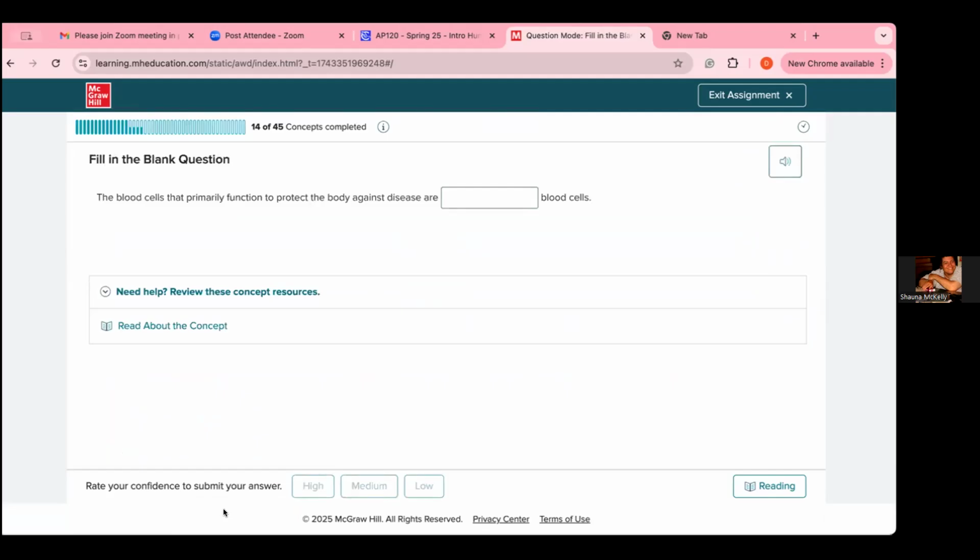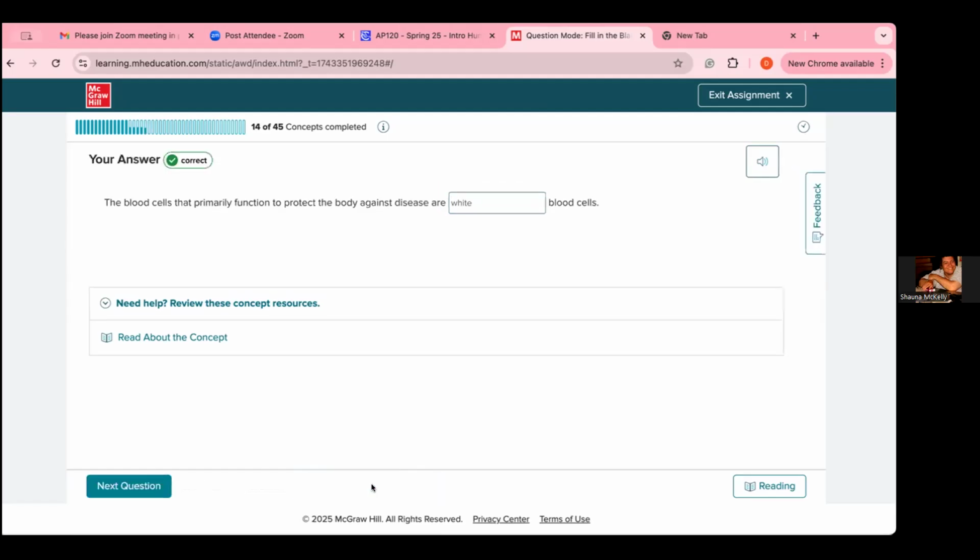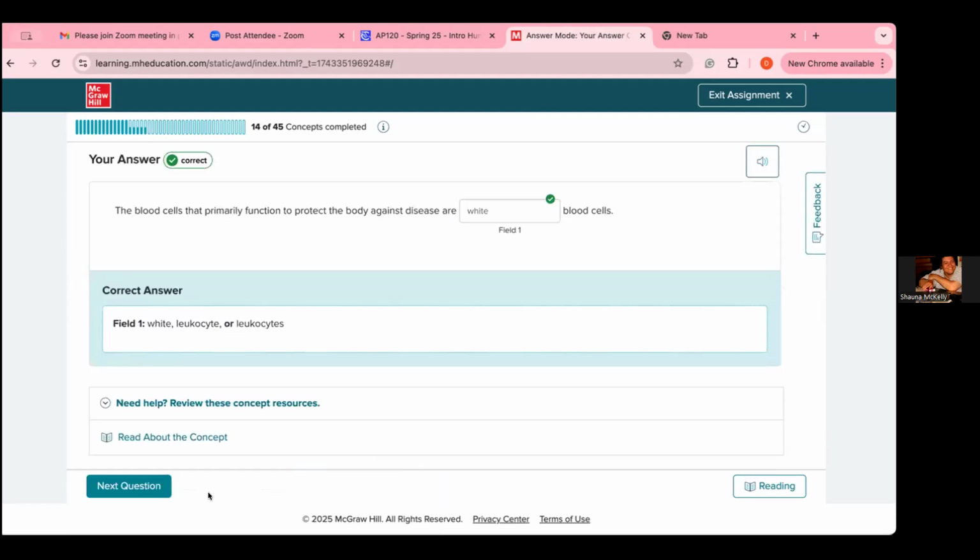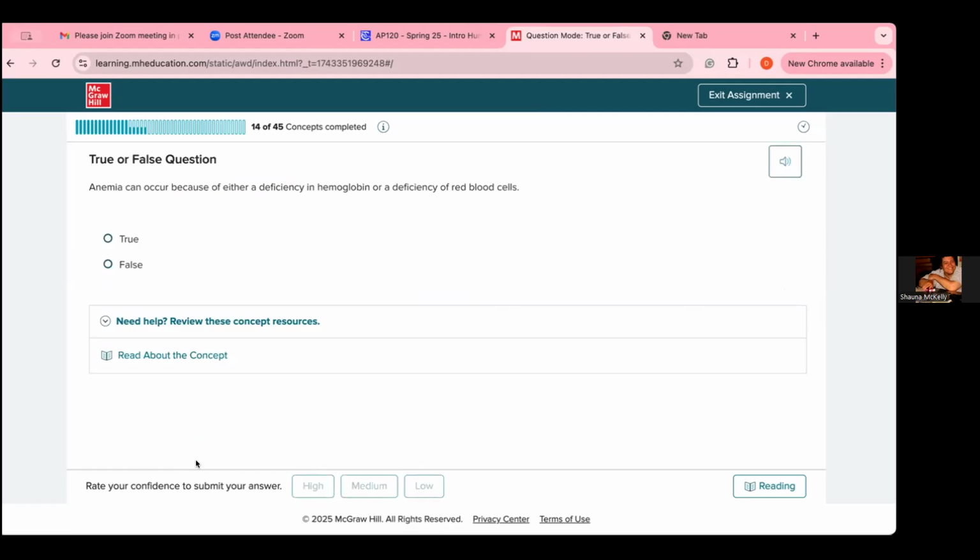The blood cells that primarily function to protect the body against disease are the white ones. Anemia can occur because of either a deficiency of hemoglobin or a deficiency of red blood cells. I think so. I think we read that.